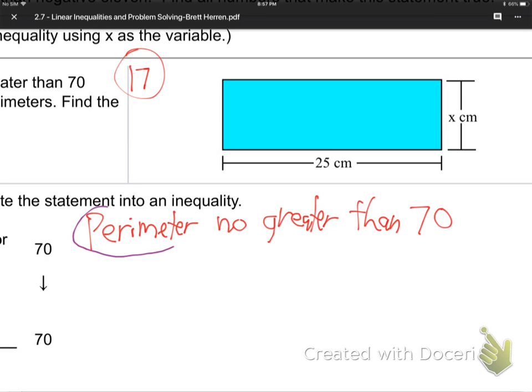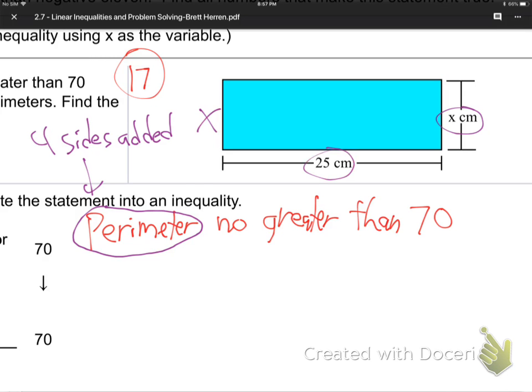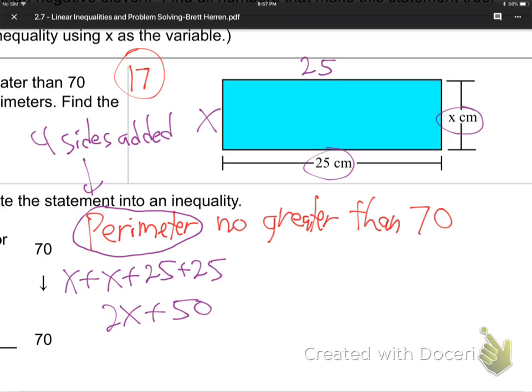So perimeter is 4 sides added. So x and 25 and x and 25. Good. The 4 sides added. That's all perimeter. So that's 2x plus 50, right? That's perimeter. No greater.